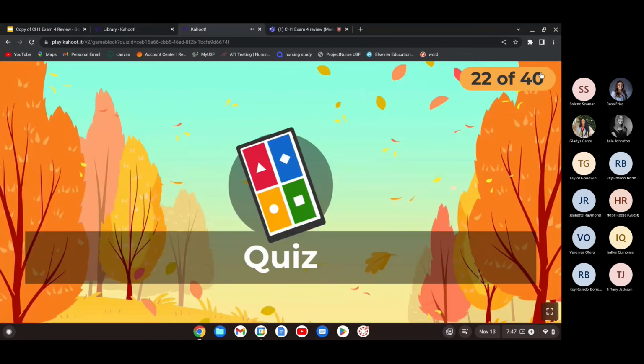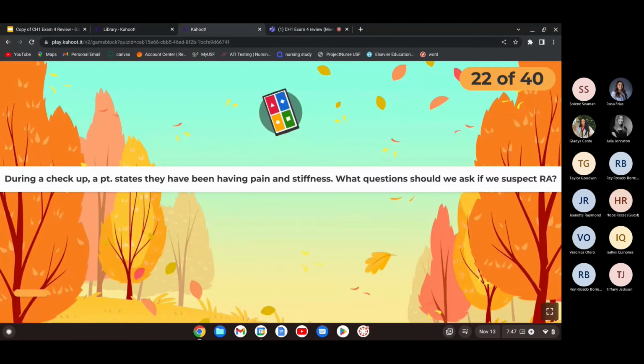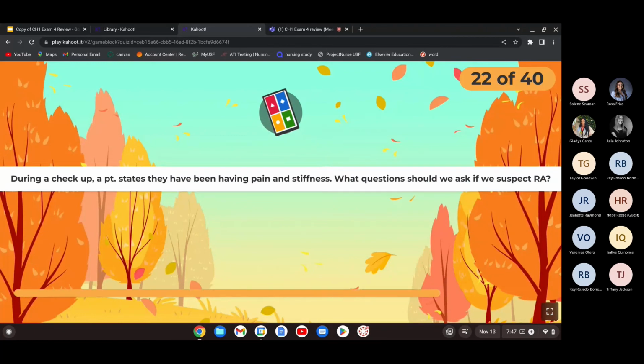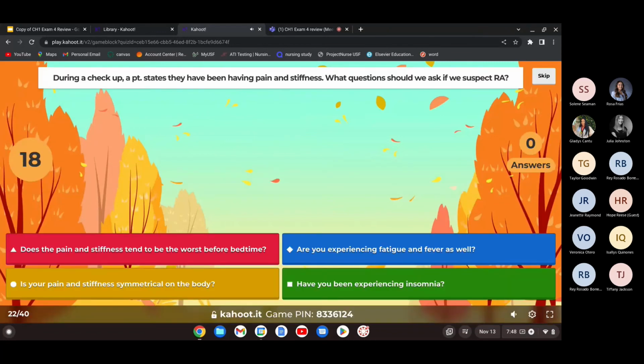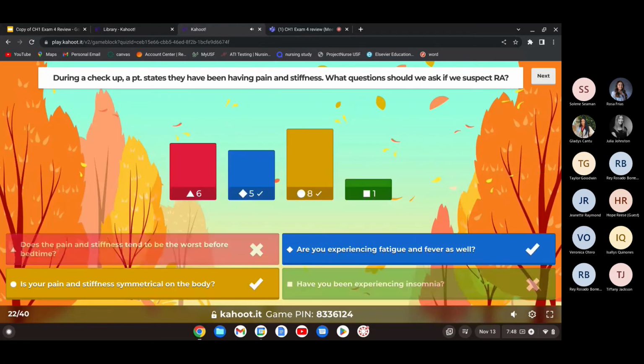This one, select all that apply. During a checkup, a patient states they've been having pain and stiffness. What questions should we ask if we suspect rheumatoid arthritis? Awesome.